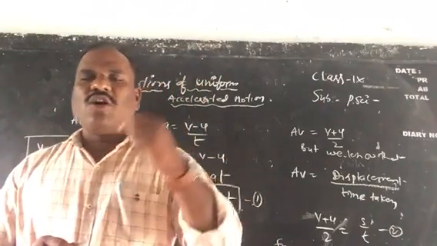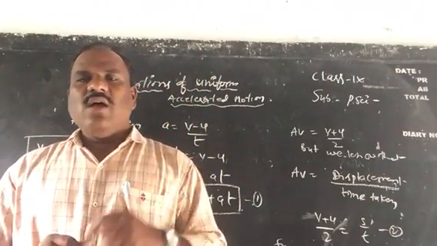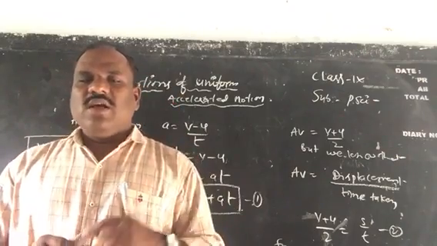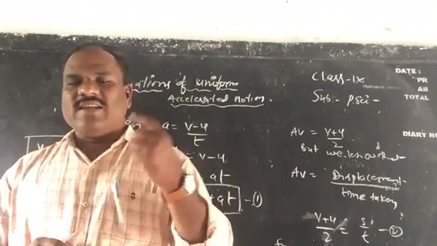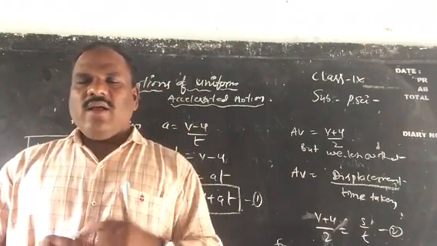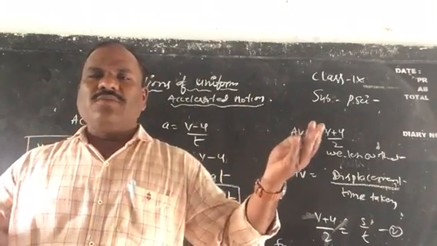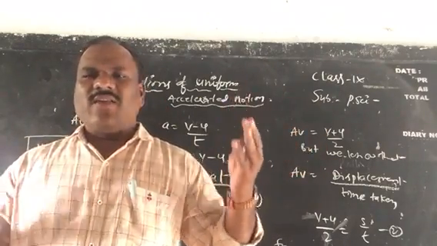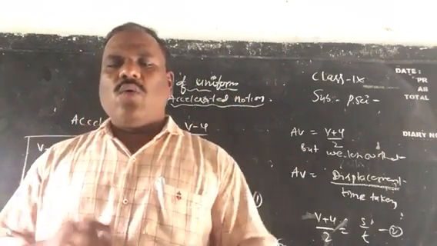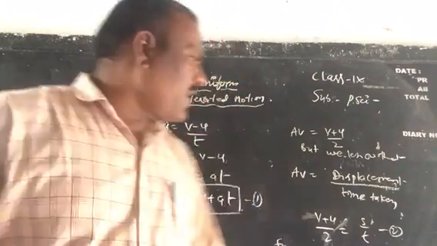Consider the motion of an object along a straight line with constant acceleration. Acceleration is the rate of change in velocity. So acceleration is equal to change in velocity by time taken.